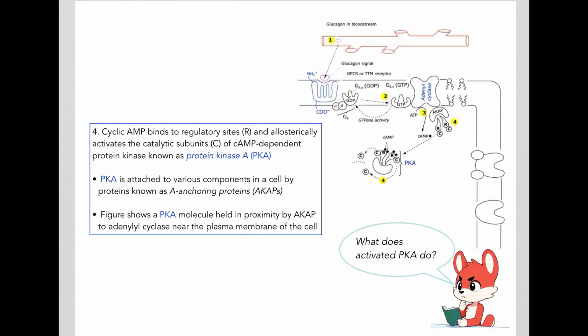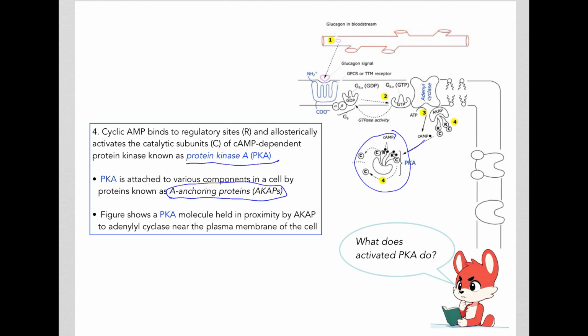As we discussed in the previous video, cyclic AMP will now go and allosterically activate another protein called protein kinase A. And protein kinase A is located in different parts of the cell depending on its attachment with the protein called A kinase anchoring protein, or AKAP.